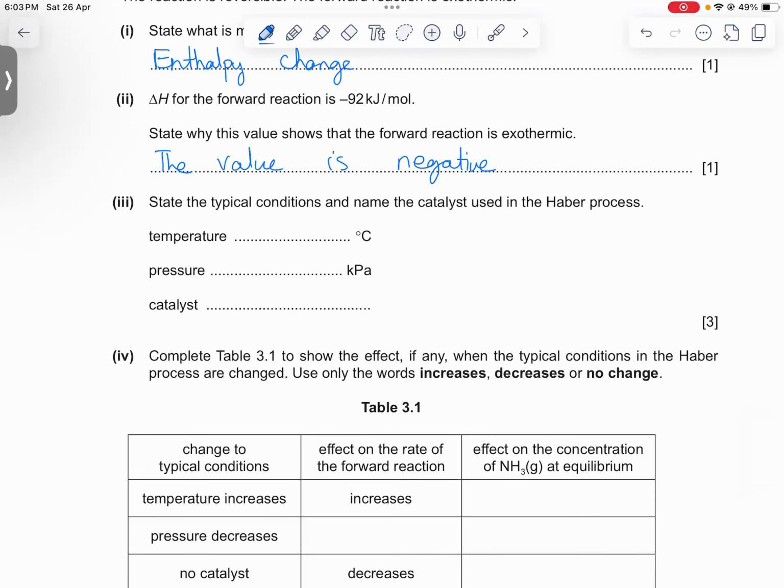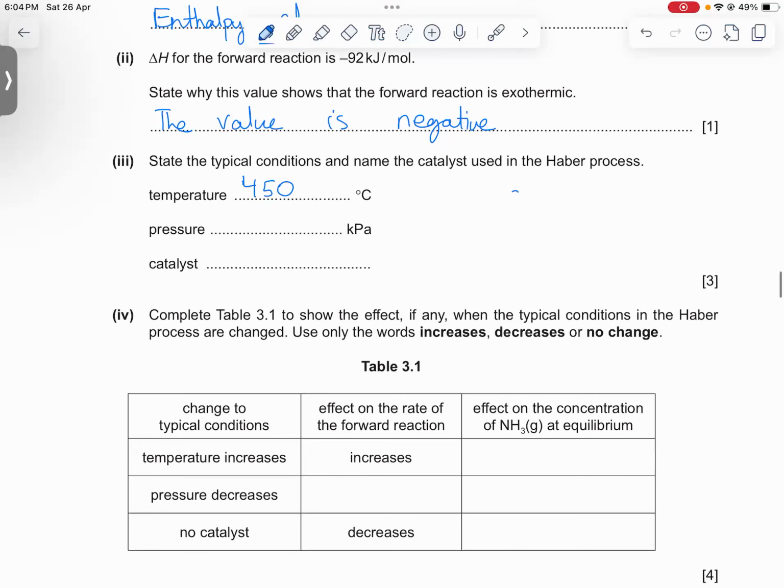State the typical conditions and the name of the catalyst in the Haber process. So what temperature do we use? We use 450 degrees Celsius, right? What is the pressure in kilopascals? We don't know, but we know 200 atmosphere, right? So just remember, 1 atmosphere is how many kilopascals? 100 kilopascals.